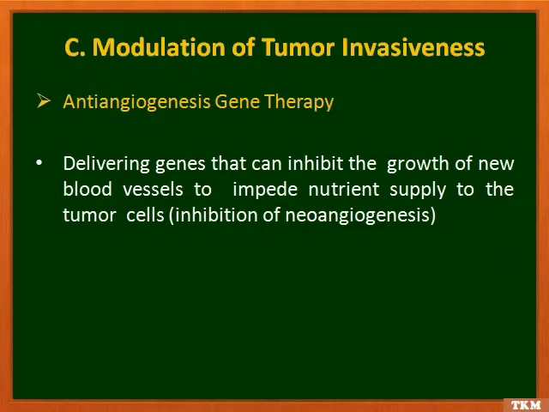Coming to the next approach, the approach that we were studying in detail. Now we can study this approach because we understood the meaning and importance of angiogenesis. Modulation of tumor invasiveness, antiangiogenesis gene therapy: delivering the genes that can inhibit the growth of new blood vessels to impede nutrient supply to the tumor cells.